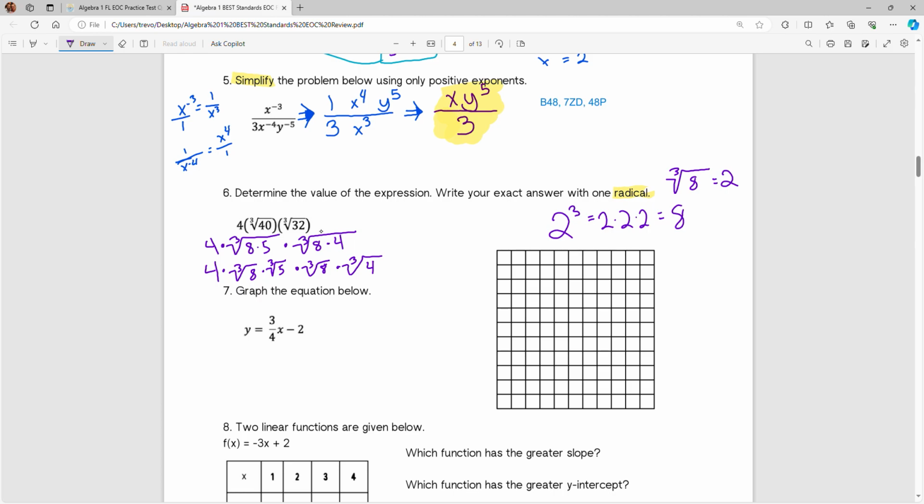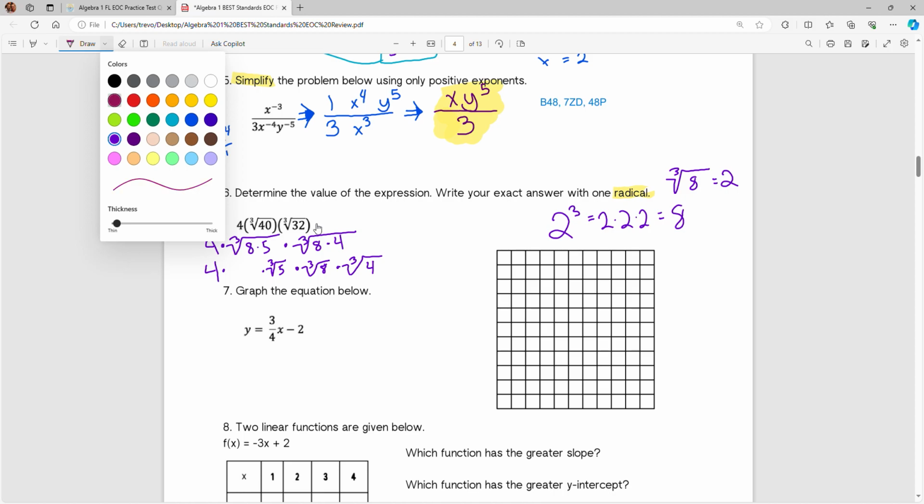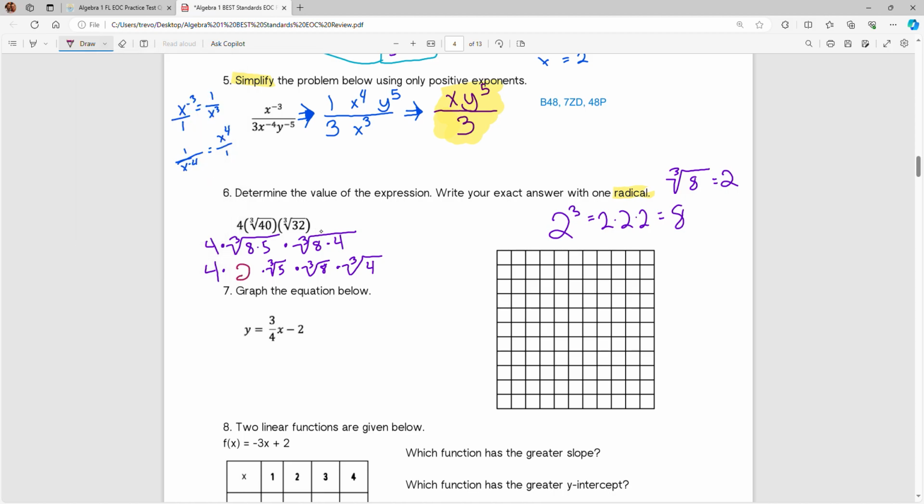Now, anywhere that I have a cubed root of 8, I'm going to swap it out for a 2. So that becomes a 2, and that becomes a 2.